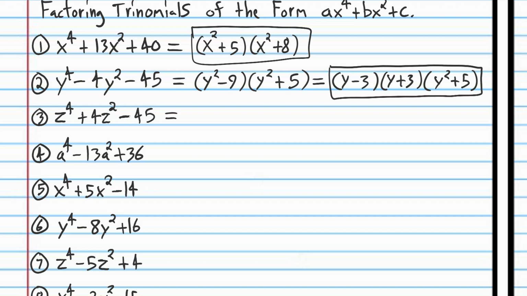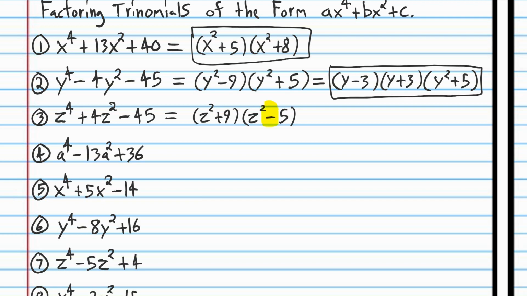All right, so let's try another one together. So z to the second and z to the second, and you can see we have the exact same numbers. But now we have a plus here, a plus 4. So that means it's going to be z squared plus 9 and z squared minus 5. Now in this case, we don't have the difference of two squares. Now technically we could make this a square, but you're not going to need to do that in this course.